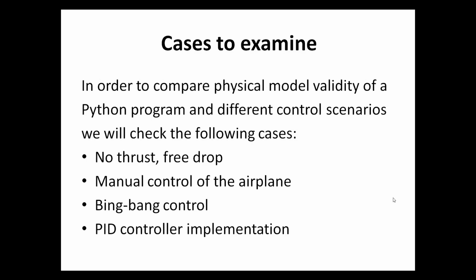So we will try to control the airplane by ourselves and change the alpha angle manually. Then we will use the simplest Bang-Bang control. So if the Vy is positive, we will reduce the angle, and if Vy is negative, we will increase the angle. And after it, we will see the PID controller implementation and see the difference between all those cases.